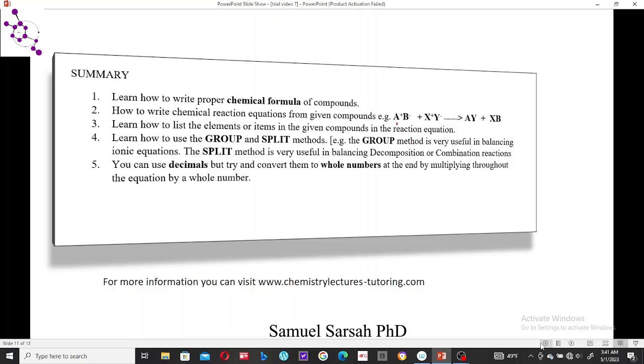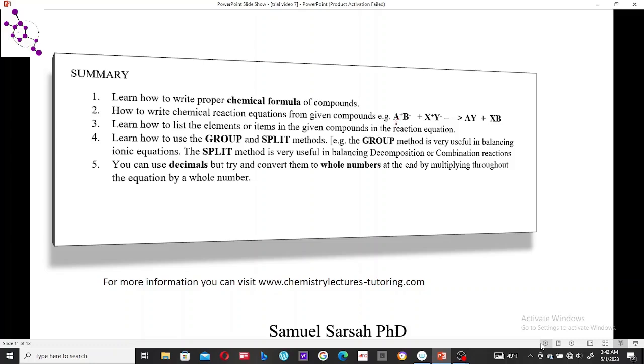So this here is representing a very simplified statement of what I'm talking about. That is, every chemical compound has a positive side and a negative side. If you are able to identify which side is the positive and which side is the negative side, you can easily combine them to write a chemical equation.